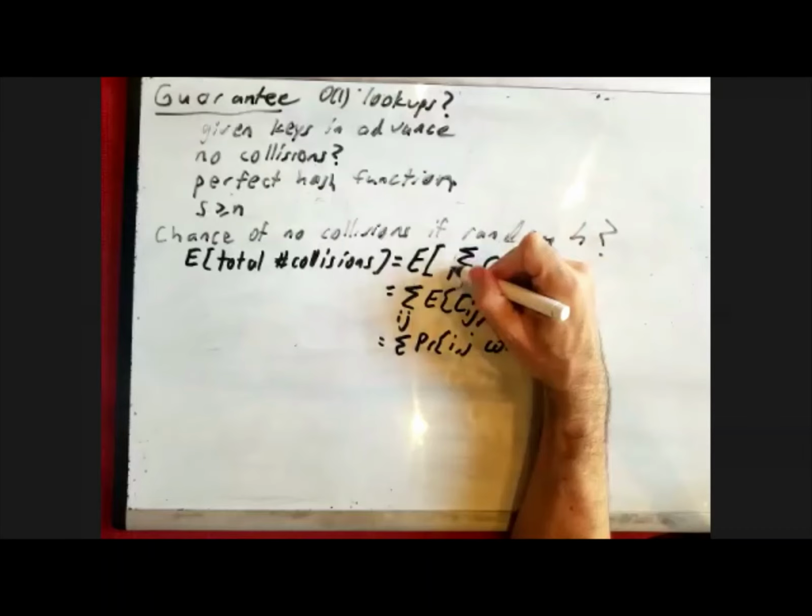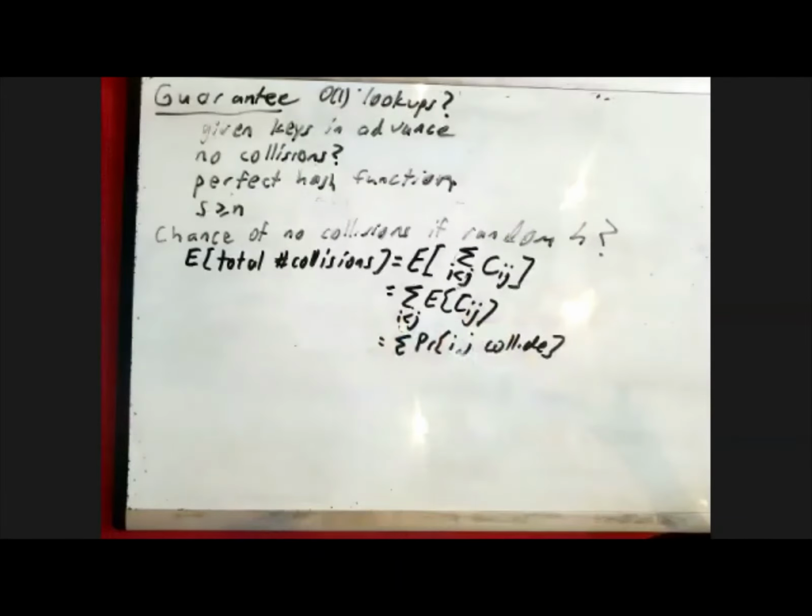Thank you. So what's the probability that i and j collide? 1 over s. And how many things are there in my summation? How many terms?